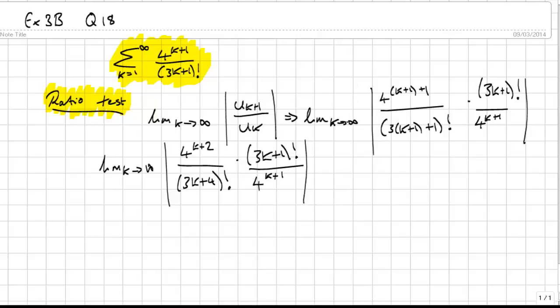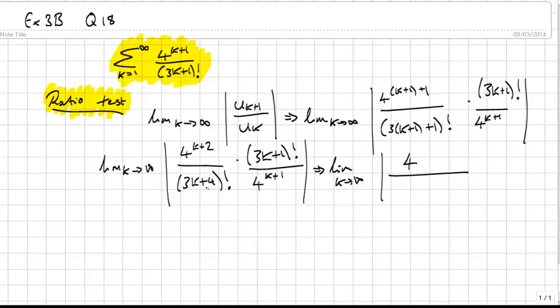So let's simplify further. That will be the same as the limit as k approaches infinity of, well, first of all we can see if we deal with 4 to the k plus 2 divided by 4 to the k plus 1, we essentially just subtract the powers, and so we're going to be left with just 4 to the 1 on top.